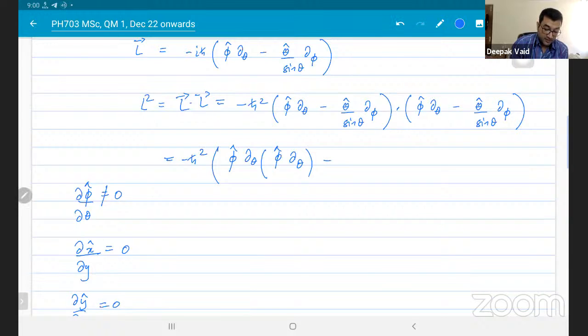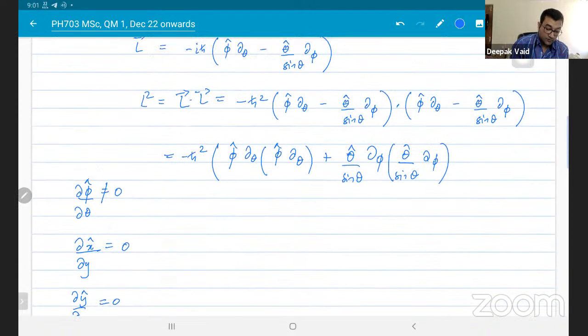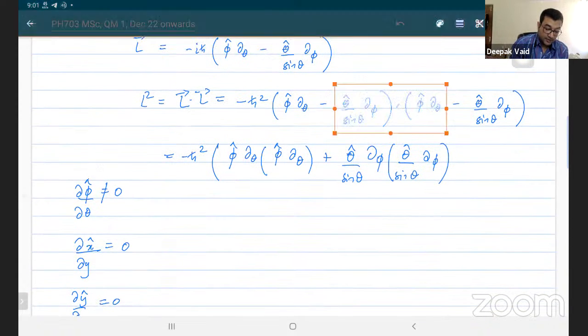Then the other term you will get is theta hat by sine theta del phi of theta hat by sine theta del phi.